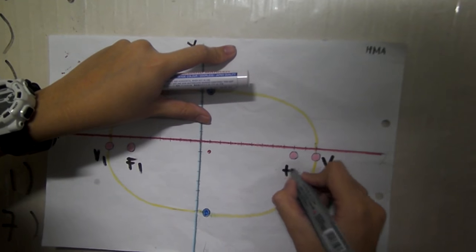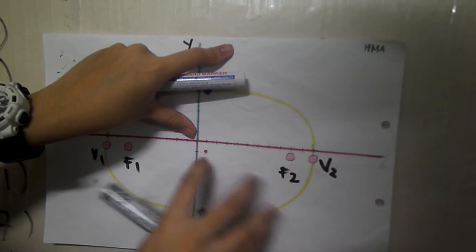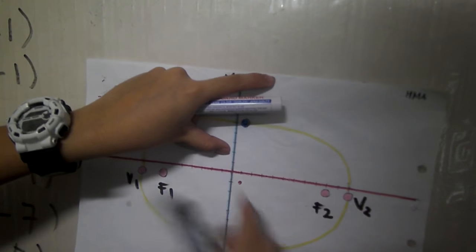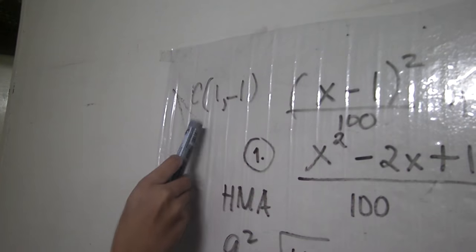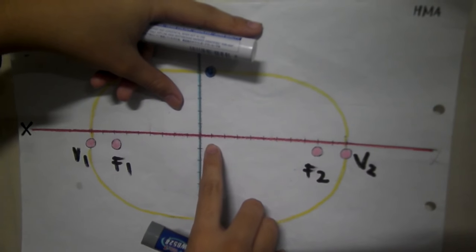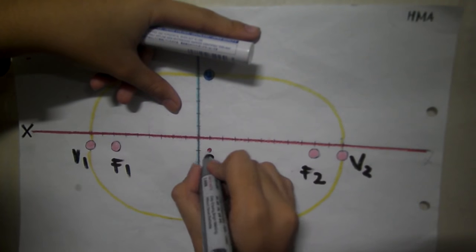This is focus number 2. If you ask where the center is, it is positive 1, comma, negative 1. So this is our center.